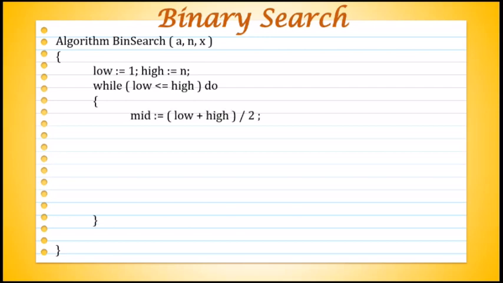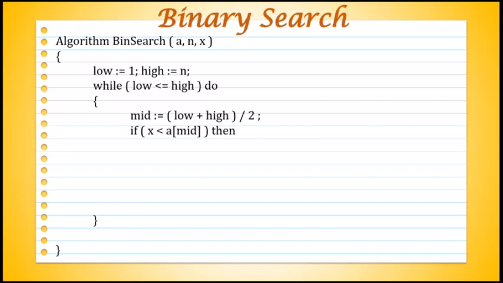First we will find the middle value. To do that, we will add the first position and last position. In high, the value which is stored is the last position's value. So low plus high divided by 2, we will get the middle value.